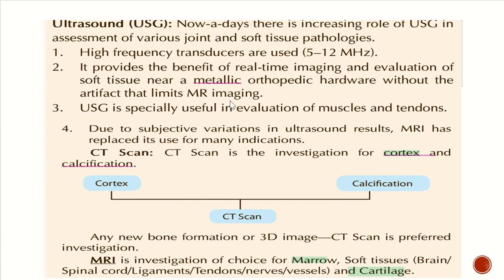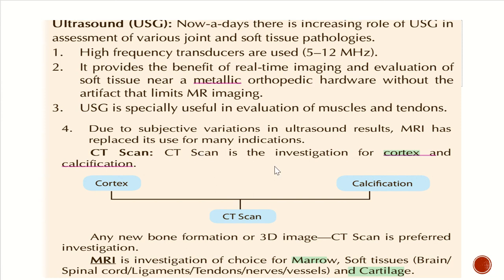MRI cannot be done if ferromagnetic substances have been implanted in the body, which limits the use of MRI. Ultrasound is useful in evaluation of muscles and tendons, and MRI has replaced ultrasound for many indications.